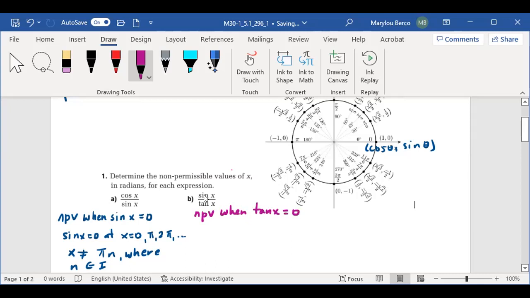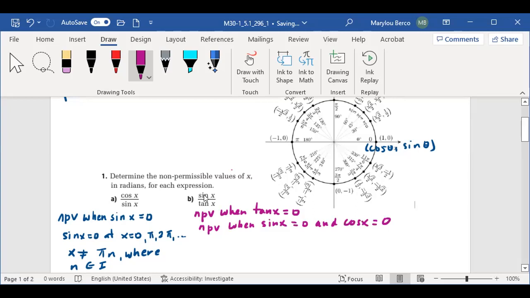Okay, so since tan x is sine x over cos x, the non-permissible values are when sine x equals 0 and when cos x equals 0.